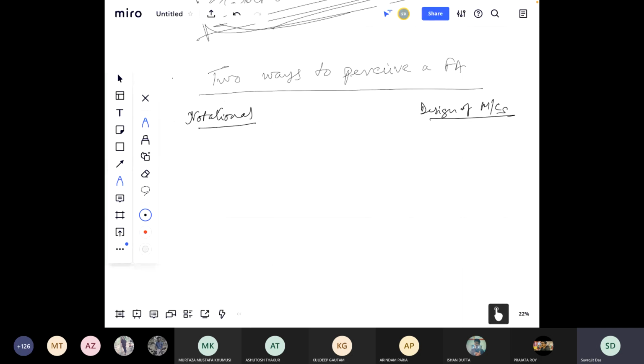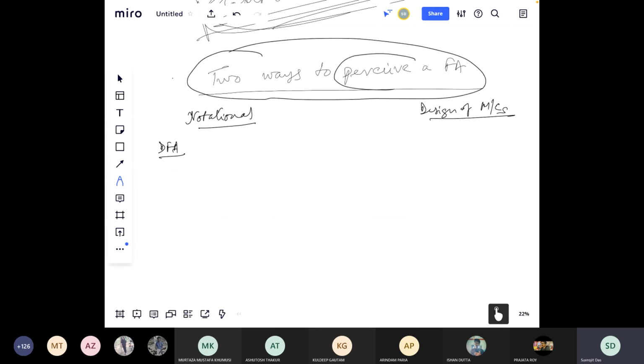And what we have seen for DFAs is that we introduced working with strings. Now we are interested in working with strings to find out how an automaton accepts strings, right?